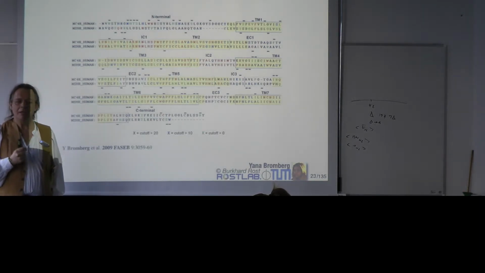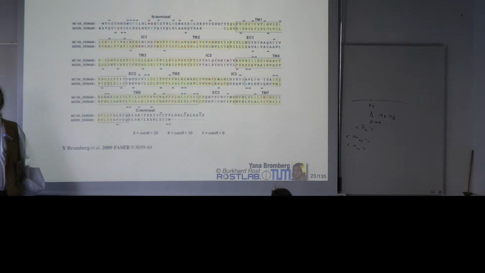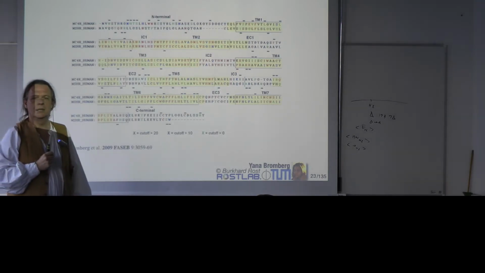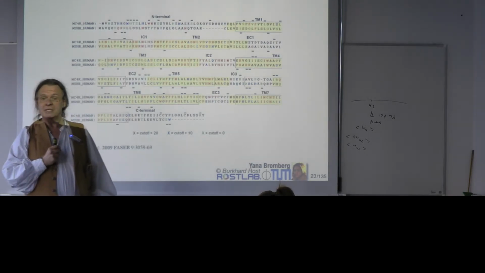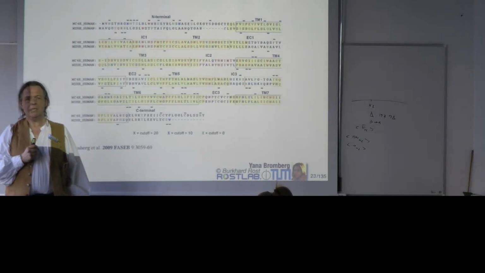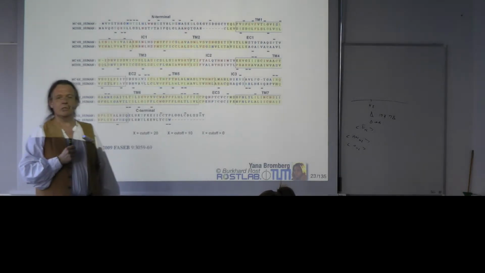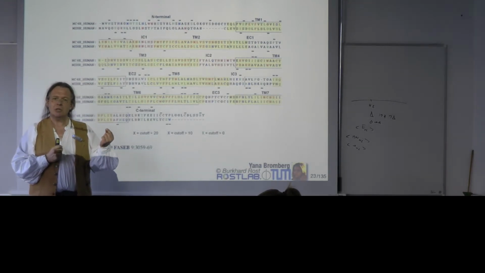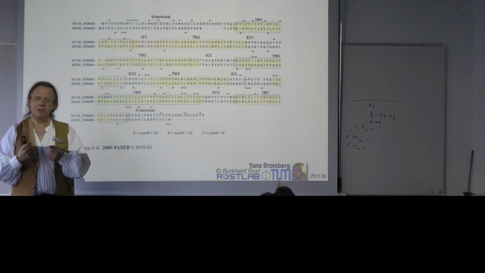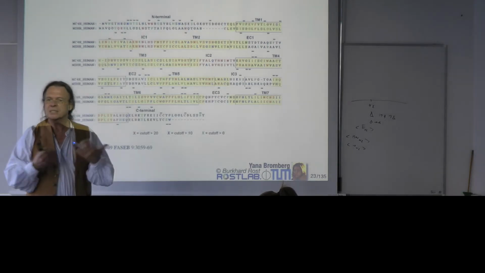It's absolutely unique compared to any kind of method that looks at functional impact. Yes? Do we know if the folding is the same? They're both 7TM, so they both sit in the membrane. We don't have structures for them. On the level of structure prediction, we would say we can use one structure to build a homology model for the other, and therefore we would argue essentially yes.